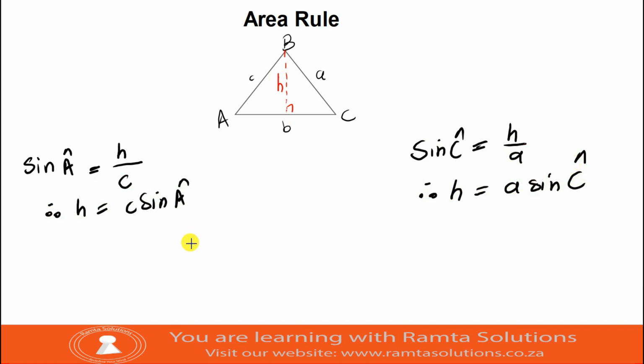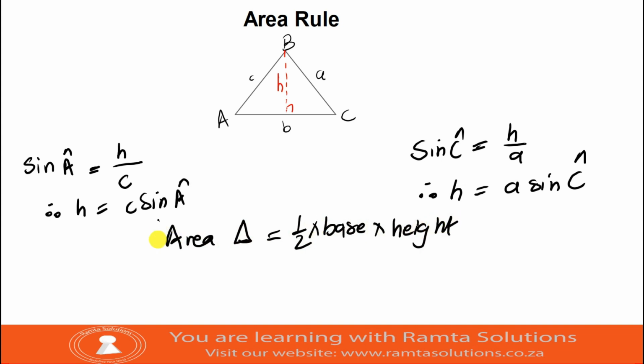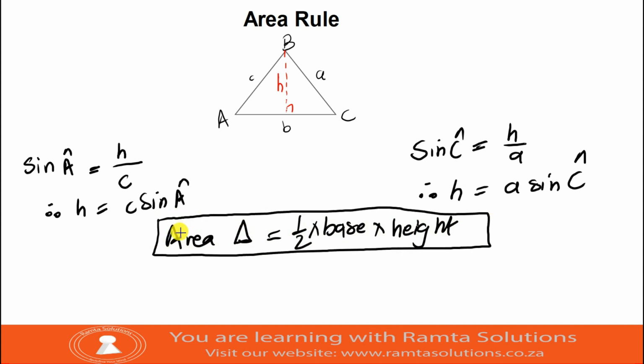So now we know that the area of a triangle is equal to half times base times height. This is a fact, right?